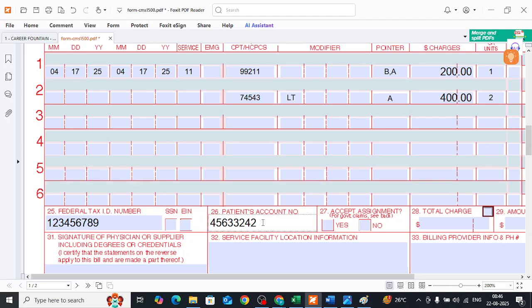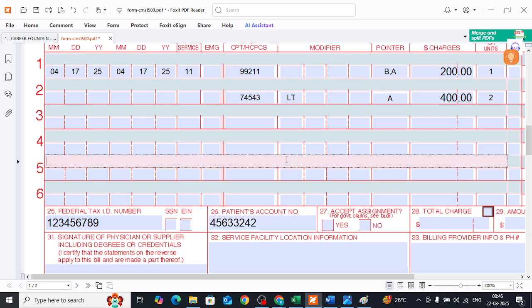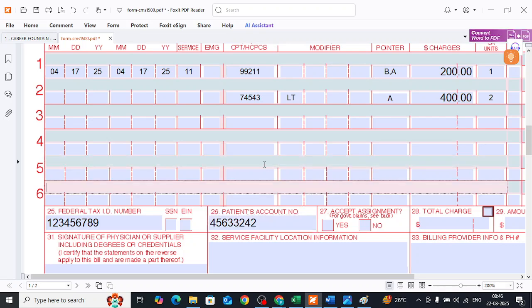Consider that we have 2 or 3 patients named Smith William. Once we receive the EOB, it is hard for the payment posting team to identify to which patient the payment belongs. By mistake, they may post to the wrong patient, so that's the reason this box is designed here. Whatever account number is generated in our software, it will go here.